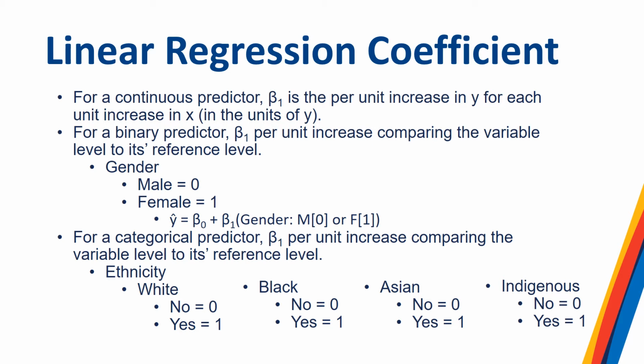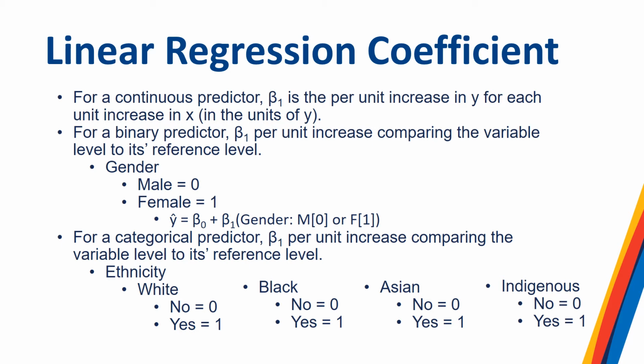And so in a regression equation, y equals beta 0, which is your intercept. That is just determined on its own, not really relevant to you. But for beta 1, if it's male, it would be 0, and if it's female, it would be 1. Then if you multiply that by the level, beta 1 will equal 0 if it's male, but it will equal whatever beta 1 is if it's female.